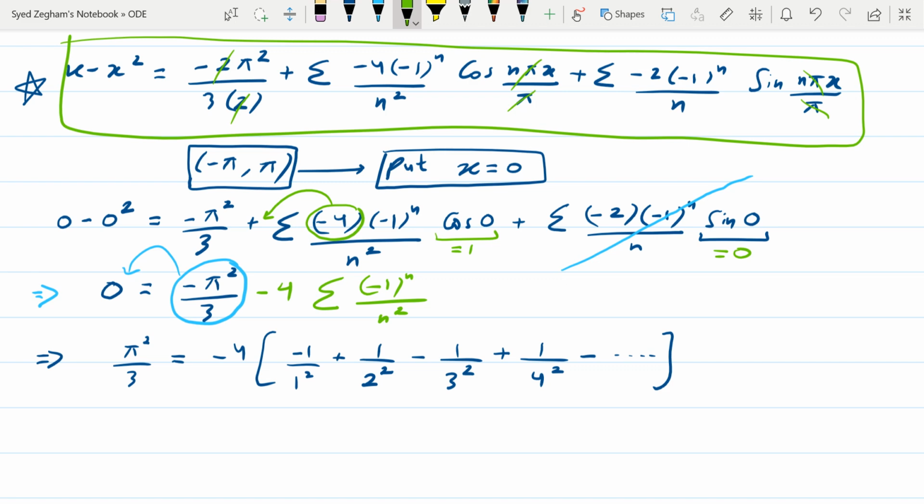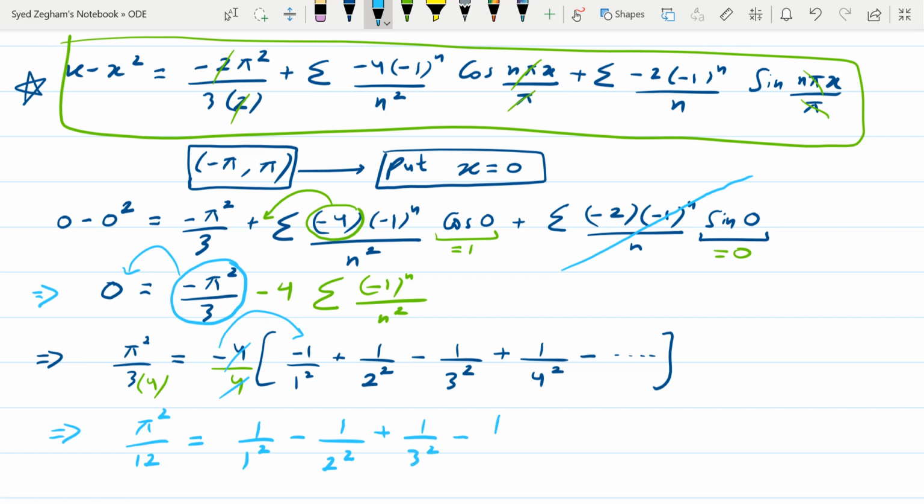You can divide both the sides by 4. So this 4 and this 4 will cancel. So you are getting pi square by 12 is equal to, and when this minus is multiplied with all the terms, this will become 1 over 1 square minus 1 over 2 square plus 1 over 3 square minus 1 over 4 square, and so on.